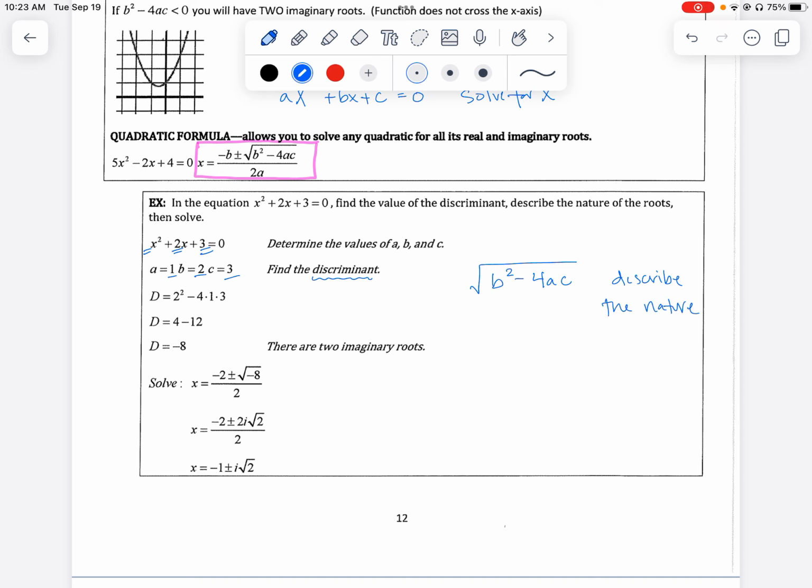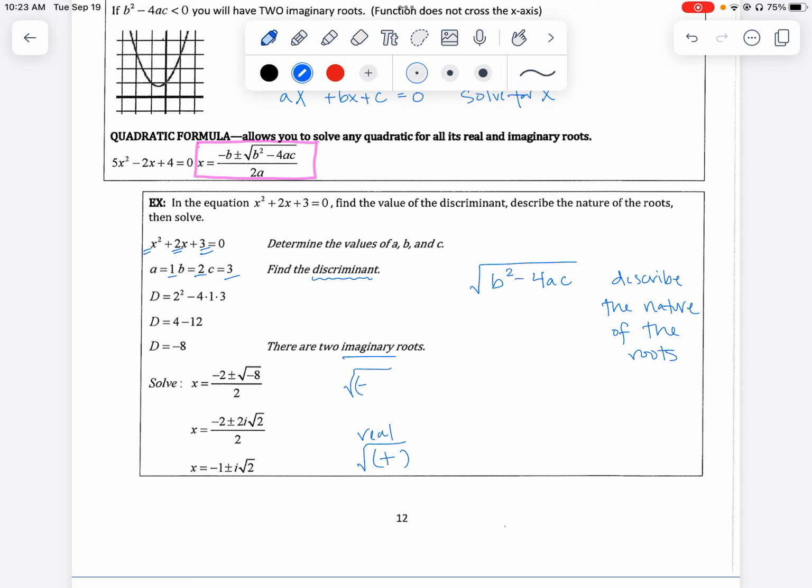It's going to tell me if the roots are imaginary, in which case there will be a negative under the radical sign. It's going to tell me if they're real, I will have an answer where whatever's under the radical sign is positive. Let me just erase this.